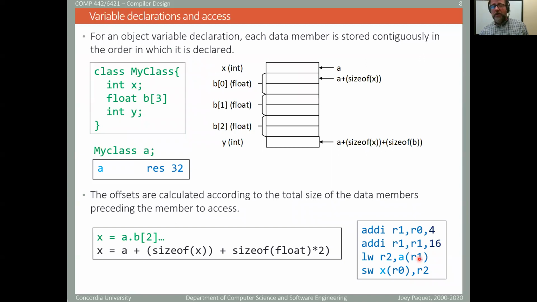And then I use R1 as an offset with regards to A. So here I'm referring to A with offset R1, which makes me actually point here. Then I retrieve this here and actually put it into X.